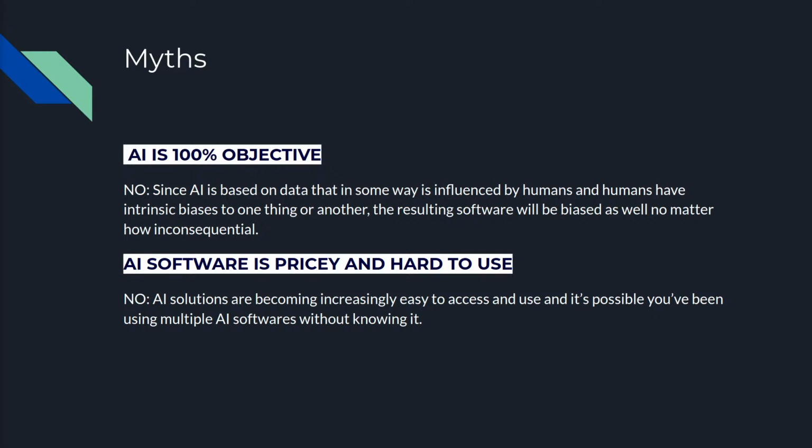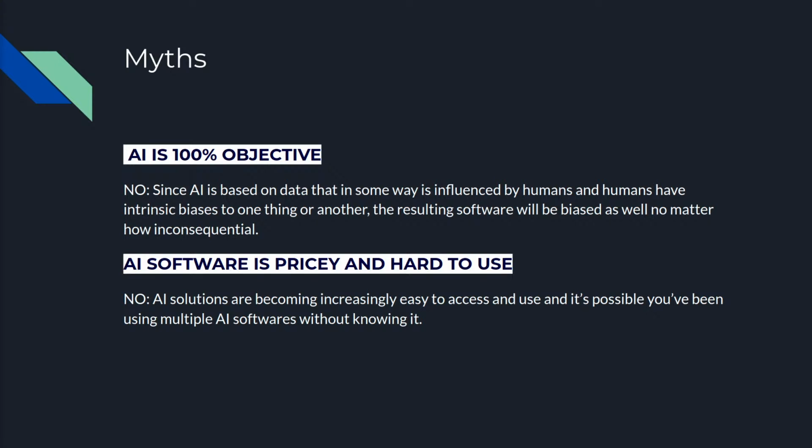So any AI that is trained on data that is somehow influenced by humans will be biased as well. No matter how inconsequential, it will be biased. Maybe it'll like cake over tart, it doesn't matter. But it will have some sort of bias.